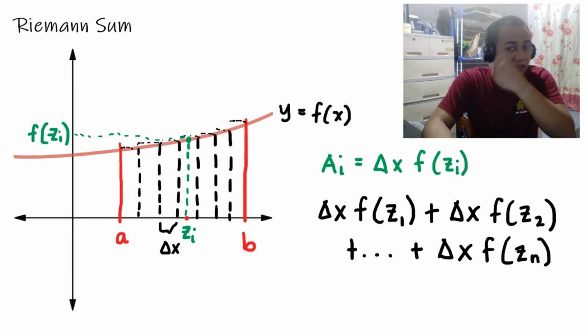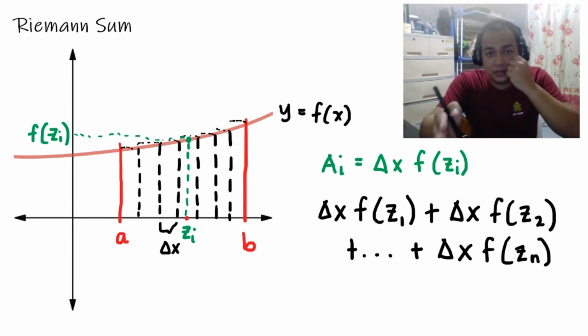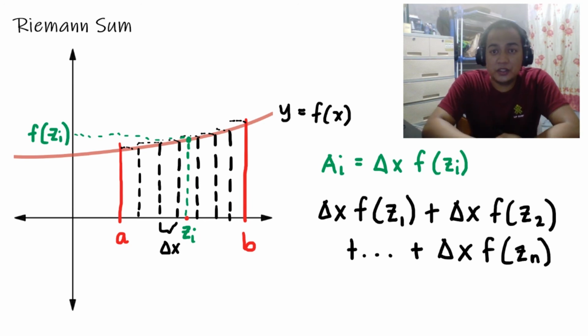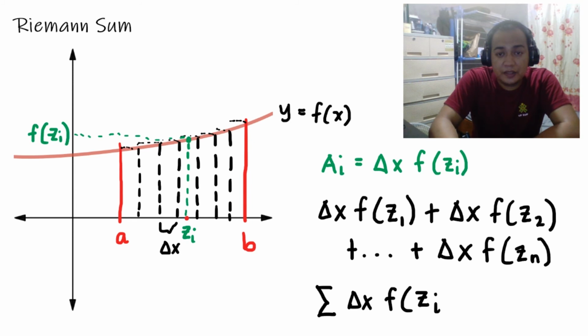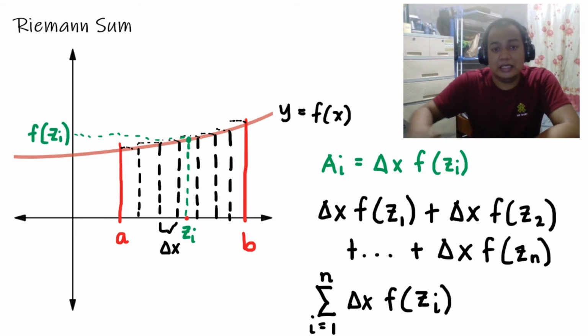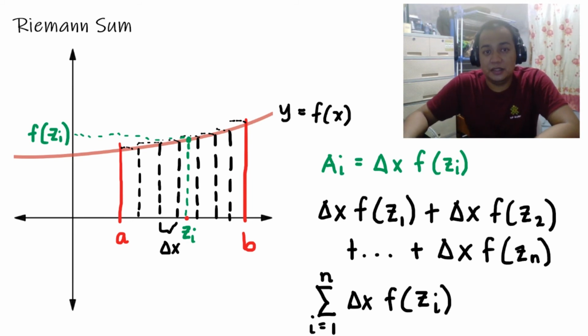This sum of areas of rectangles can be written in summation notation: the sum of delta x f of z sub i, where i starts from 1 to the last rectangle n.